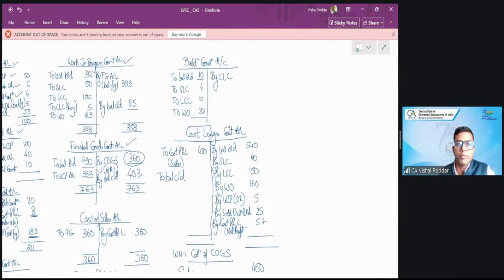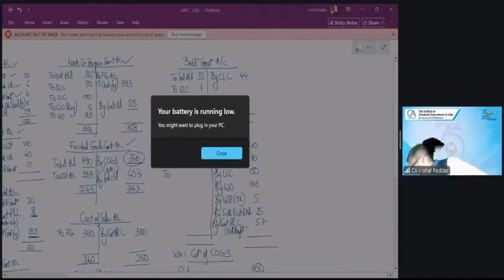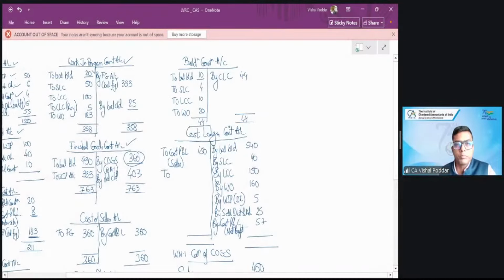So 10 plus 4, 14, 14 plus 30, 44. Building construction 44. So now I'll get the balance.